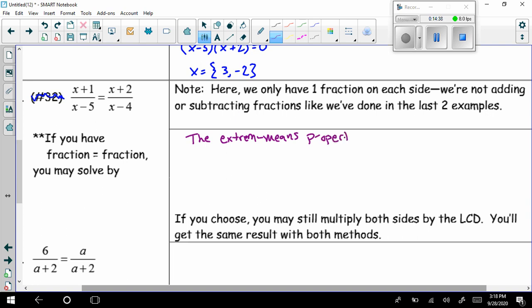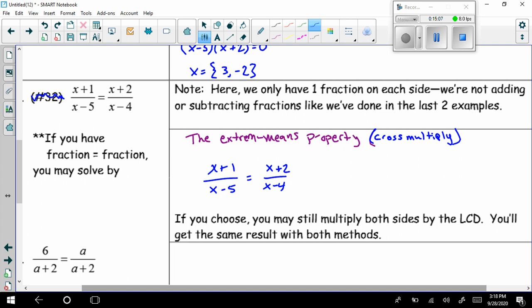Which just is a fancy way of saying cross multiply or cross products. All right, so what I mean is equal to x plus 2 over x plus 4.